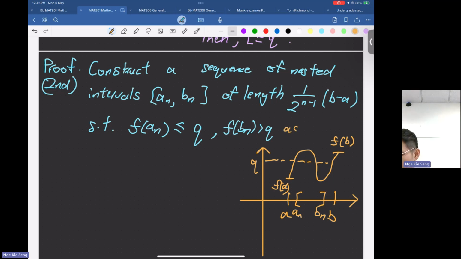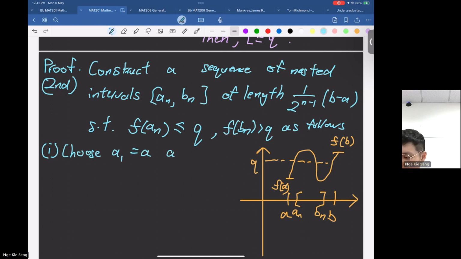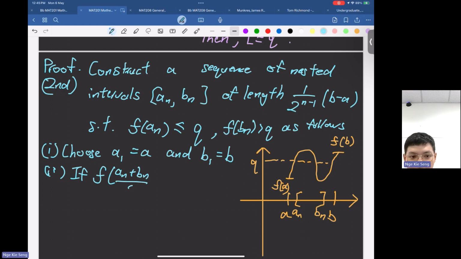As follows. First, obviously, we pick the largest one as our first interval. We pick A and B as A1, B1. And then next, what do we do? If f of (a n plus b n) over 2 is less than or equal to q, what am I doing here? (a n plus b n) over 2 is the midpoint of AB.